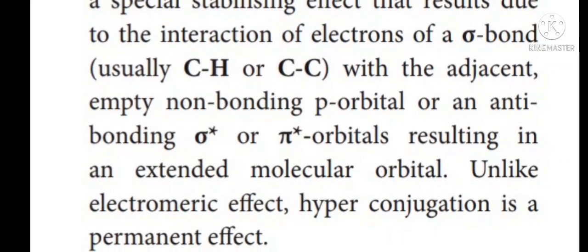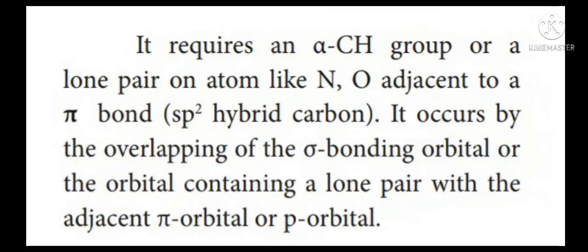Hyperconjugation is a permanent effect. Hence, it needs an alpha CH group or a lone pair on an atom like nitrogen or oxygen adjacent to a pi bond, where carbon contains sp2 hybridization.